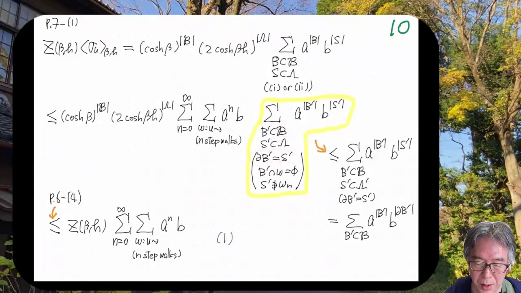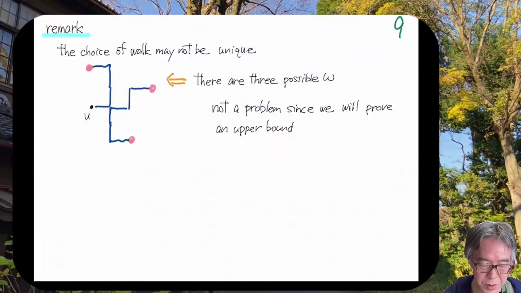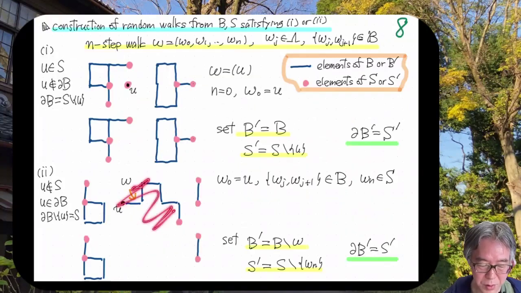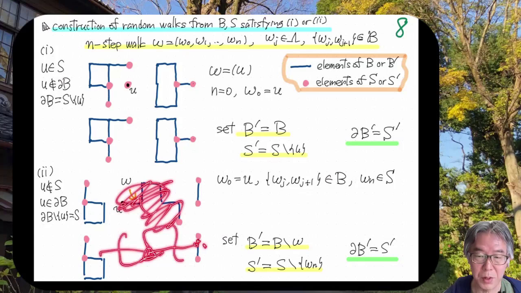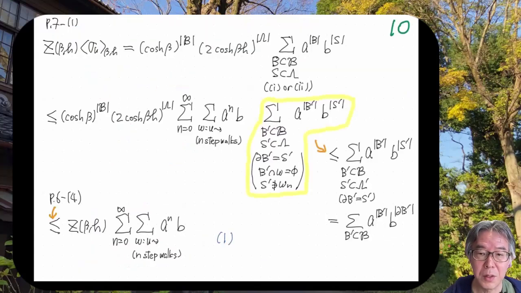Also, they are the remainder of this surgery of taking away the random walk. So this remaining thing can never enter this region where we had the random walk. This ensures that B does not intersect with omega, and S prime does not intersect with here. So these are the conditions.